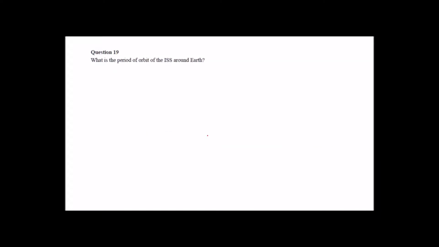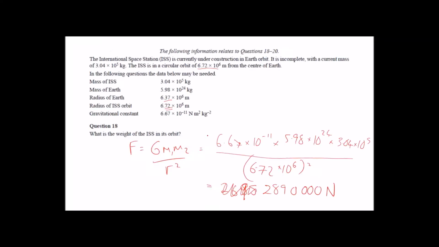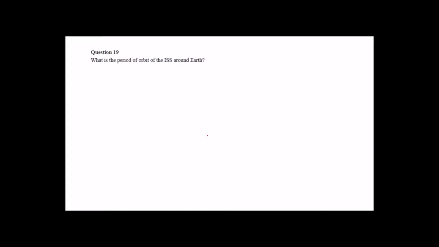Okay, moving on. What is the period of the orbit of the ISS around the Earth? Now, if you think back to what we just looked at before, it's pretty close to Earth. It's going to be moving relatively quickly. The orbit should actually be a pretty small number, so we just need to put in some information about this.